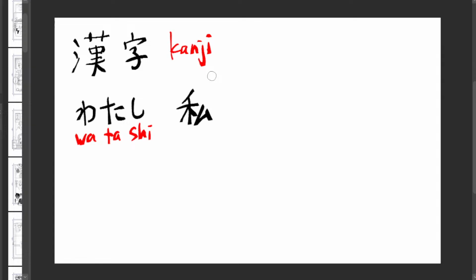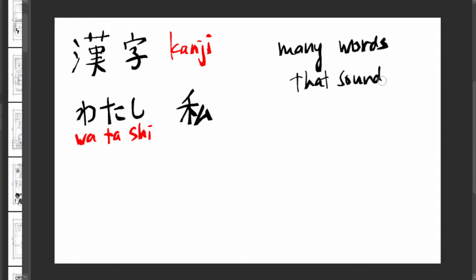So you'd say, why do we need to write it in kanji if we can write it in hiragana? If you know the answer, that's good for you. But I'm just going to make it simple: in Japanese you have many words that sound the same.